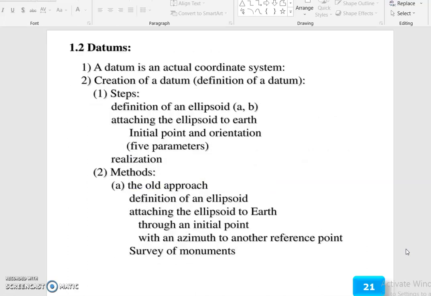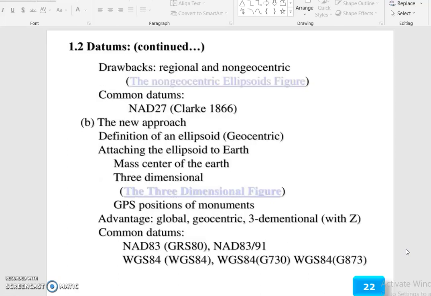So a datum is an actual coordinate system. Creation of a datum, definition of a datum. Step 1, definition of an ellipsoid, a and b. Step 2, attaching the ellipsoid to Earth, initial point and orientation, five parameters, realization. The old approach: definition of an ellipsoid, attaching the ellipsoid to Earth through an initial point with an azimuth to another reference point, survey of monuments.